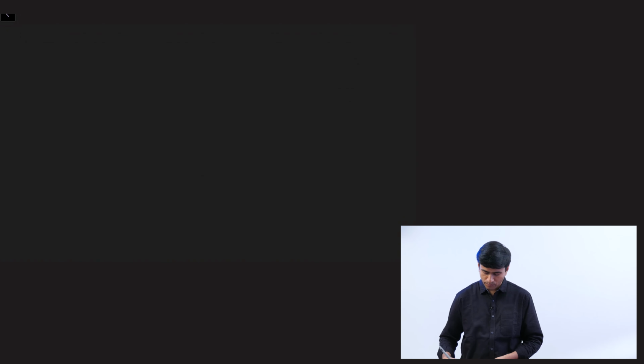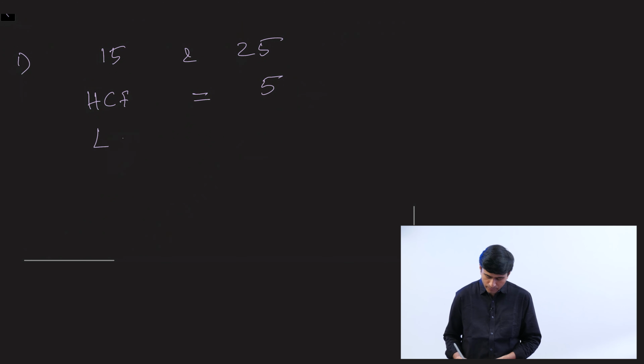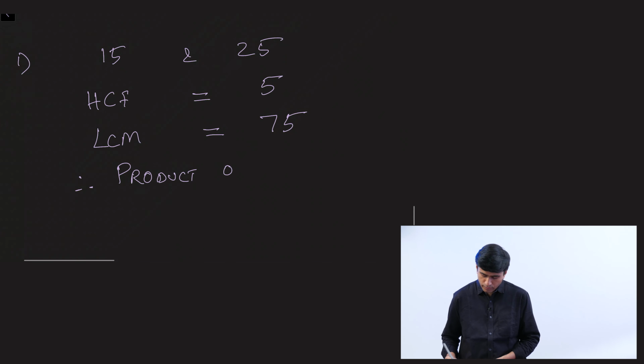Let me show you an example. Let's take 2 numbers, 15 and 25. The HCF of 15 and 25 is 5. The LCM of 15 and 25 is 75. Therefore, the product of HCF and LCM is 5 into 75, which is 375.